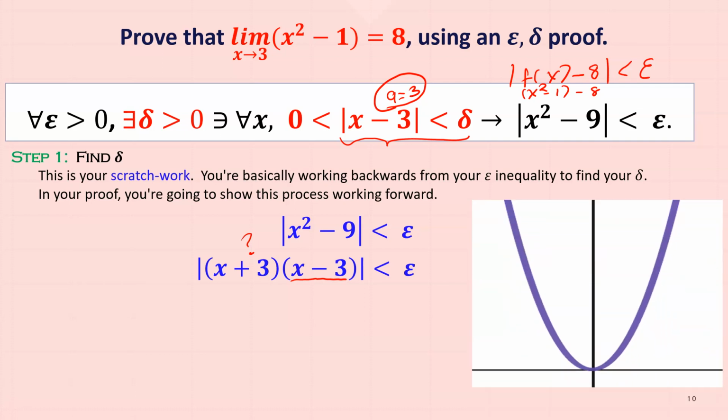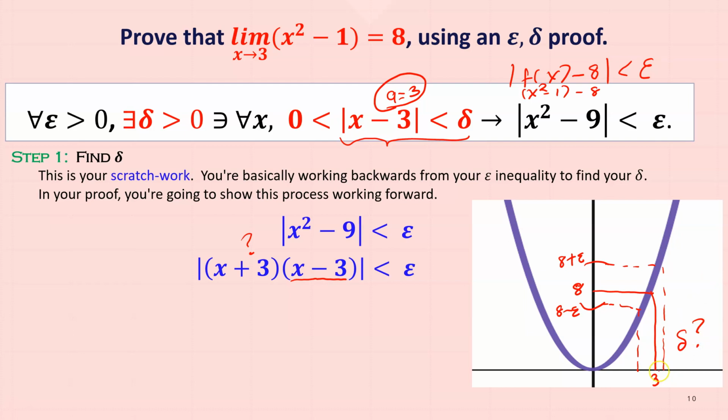We're going to pause right there for a second. We know that it's not symmetrical, so we're going to have to do some restriction. Here, x is equal to 3. Here, L is 8. For any given epsilon, that's 8 plus epsilon, and this is 8 minus epsilon. We want to match and find out what that delta neighborhood is.